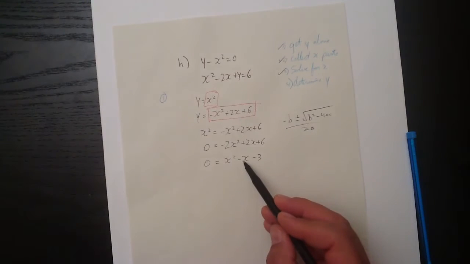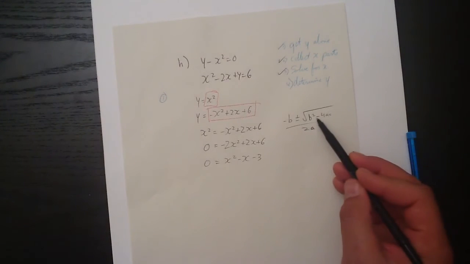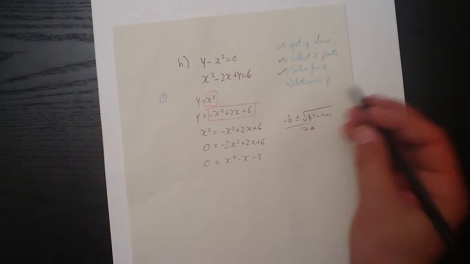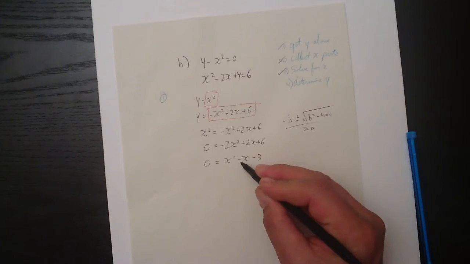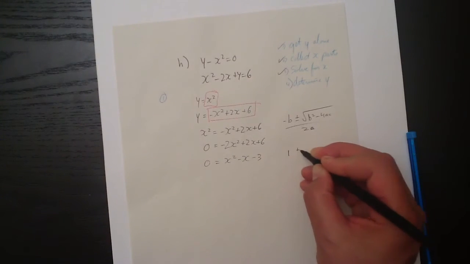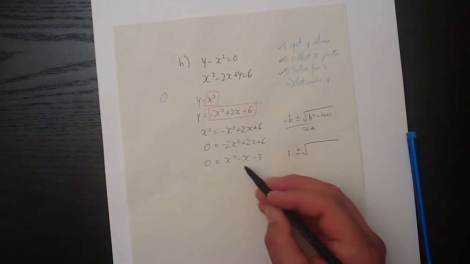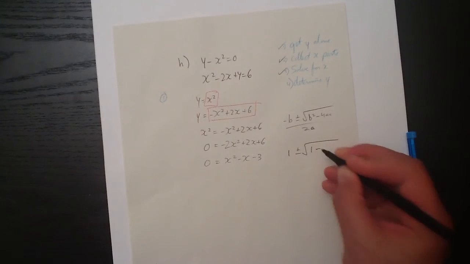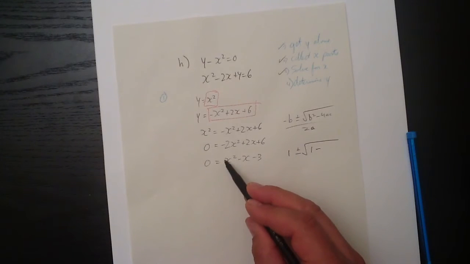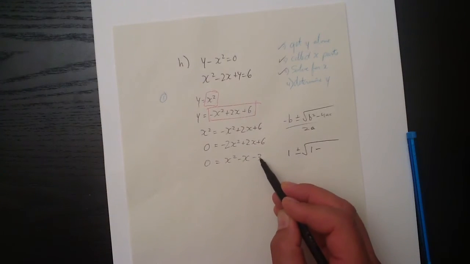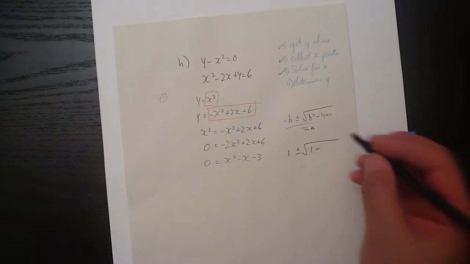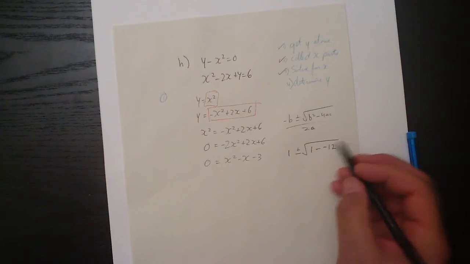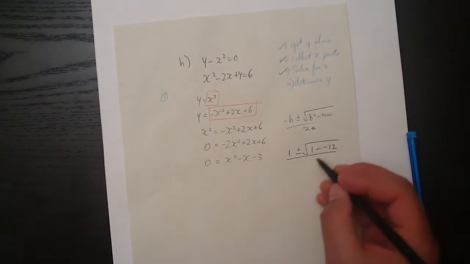So b squared, negative 1 squared is 1. 1 minus 4ac. You know what? Let's just write this out. Negative b, so that's negative negative 1. That's 1 plus or minus root b squared, which is negative 1 squared, is 1, minus 4 times a is 1, times c is negative 3, so 4 times negative 3 is negative 12, over 2 times a is 2.